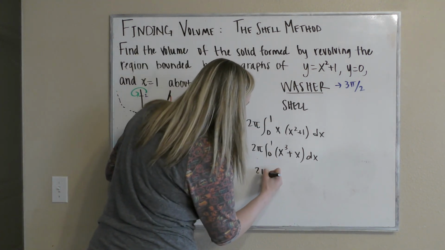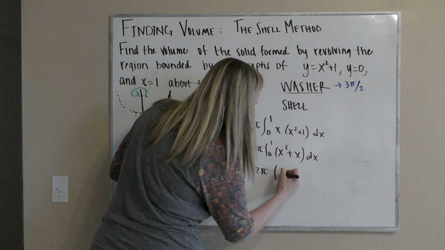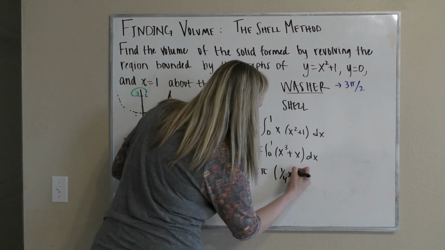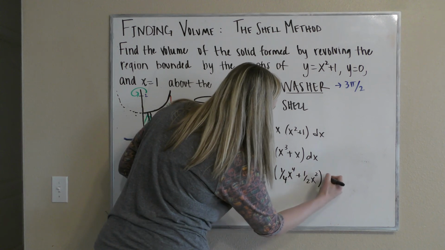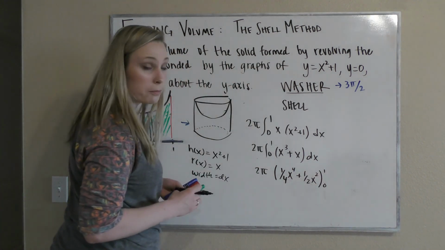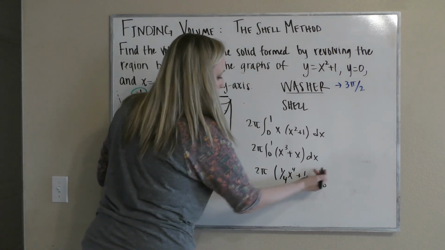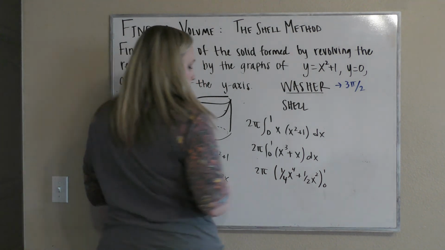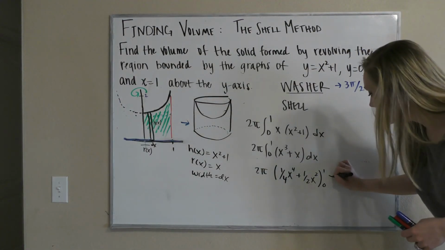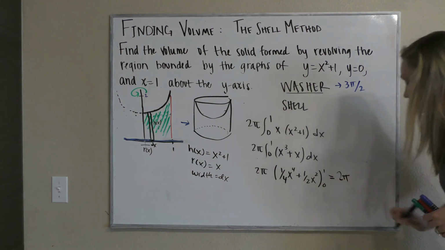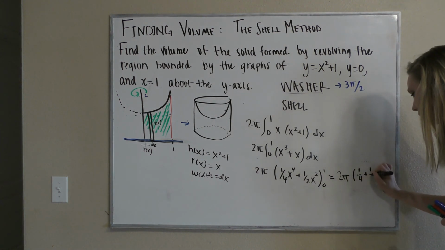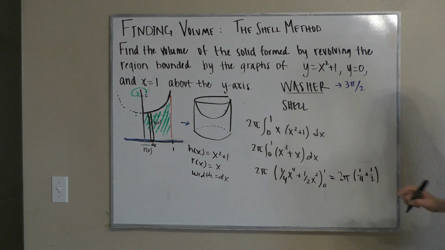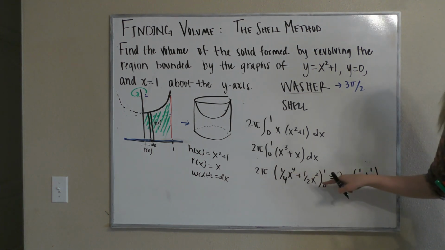And so we have 2 pi times 1/4 x to the 4th plus 1/2 x squared. And we need to plug in 0 and 1. You always plug in the upper bound first. And so when we plug in our upper bound, we're going to get 2 pi times 1/4 plus 1/2. And then we'll get minus 0.